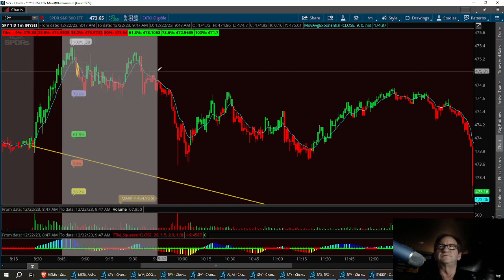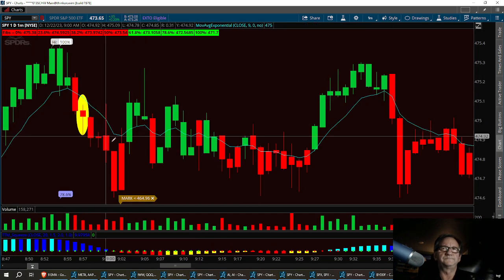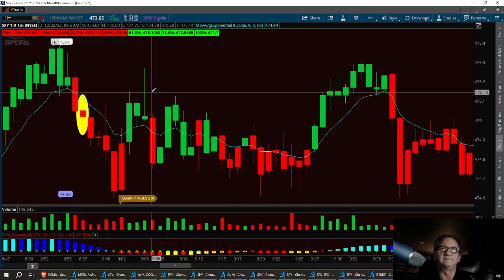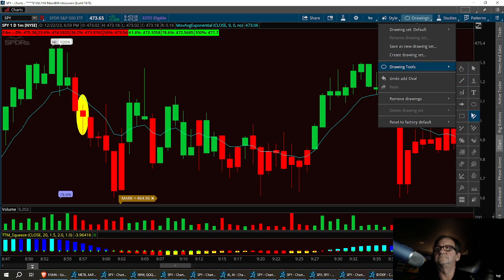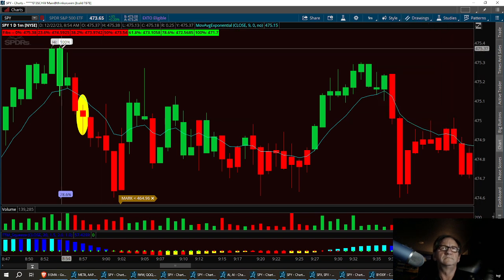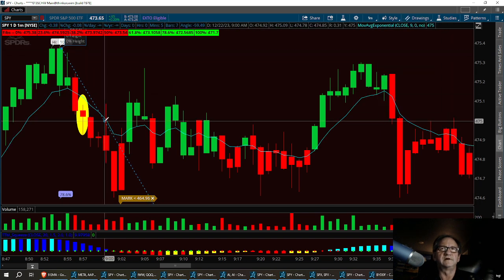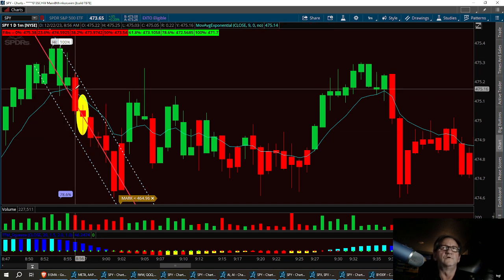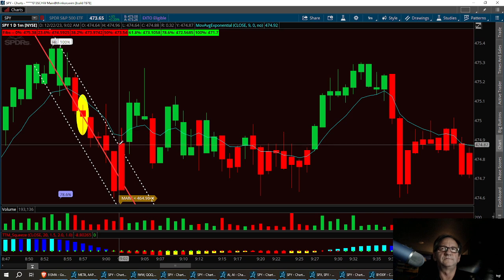So this is interesting right here. You got a snake, break out above the 9, and this turns into a wedge. So you draw in this is the 1 minute. So you draw that in. 1, 2, 3 bodies.